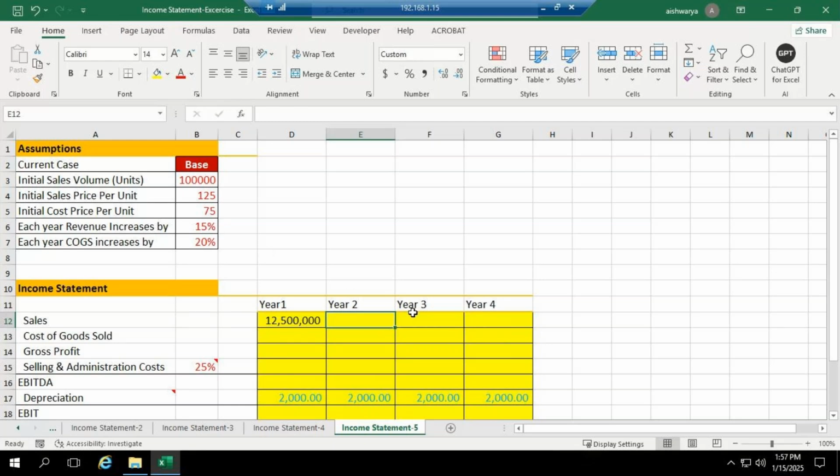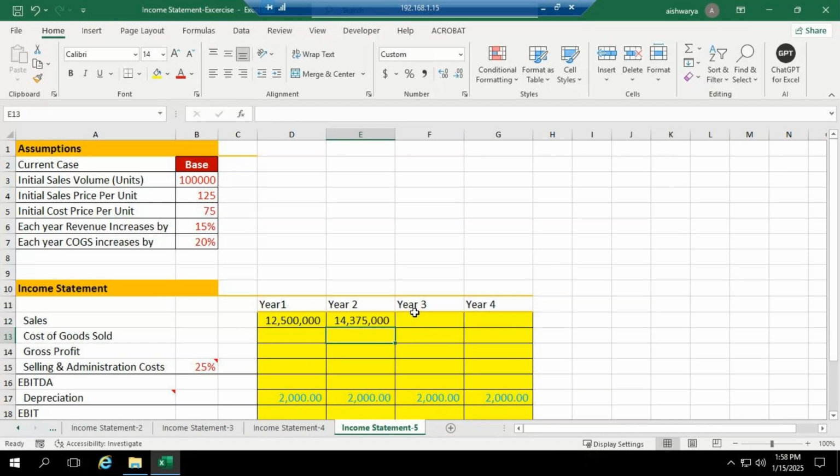So that means it is equal to the year 1 value into 1 plus 15%, and then close bracket, enter.